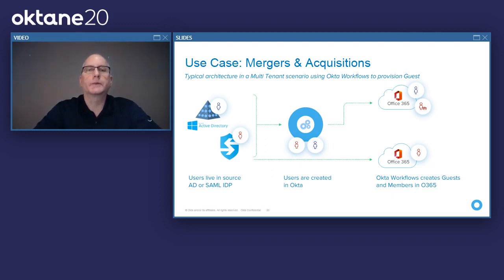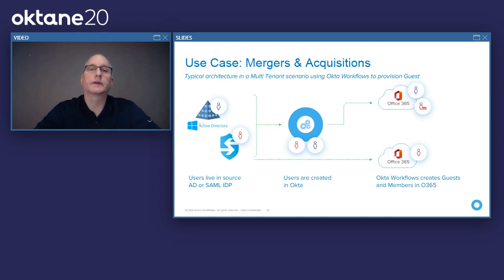So from an architecture perspective, how Rick made it into Okta, there's a lot of different ways that can happen. Typically what we see is the partner would use an IDP, some sort of SAML IDP. It doesn't need to be Okta, it can be any IDP that supports SAML. And then we would do just-in-time provisioning in Okta.